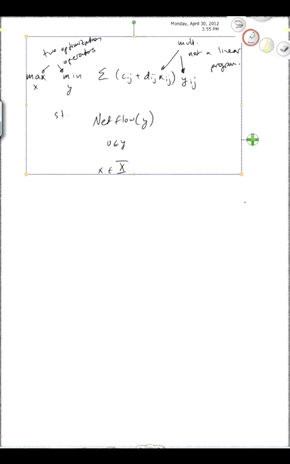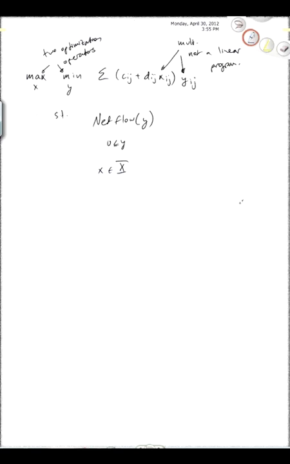Okay, so this was our original formulation. In terms of these two problems, let's just consider this two operators problem first, and then we'll worry about the multiplication one later. For the two operators problem, if somehow we could take this inner minimization problem and turn it into a maximization problem, that would solve our issue.